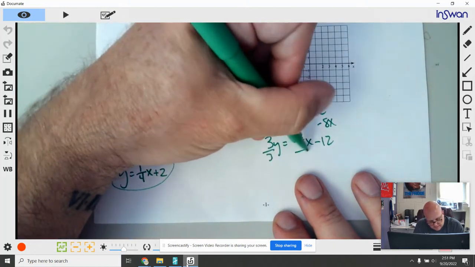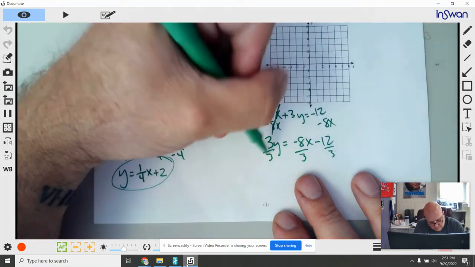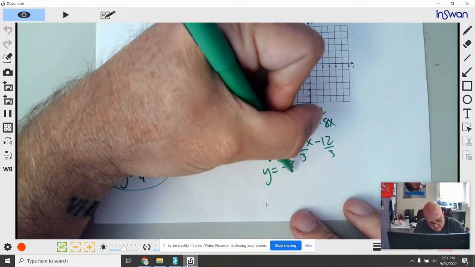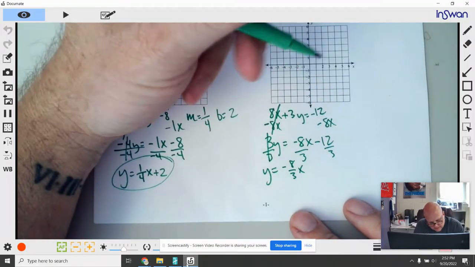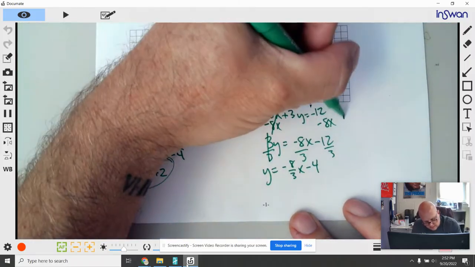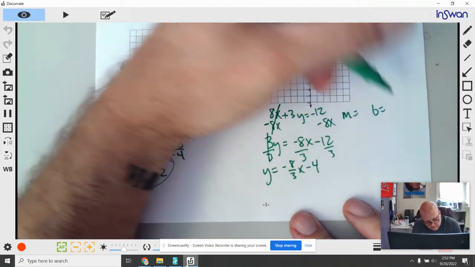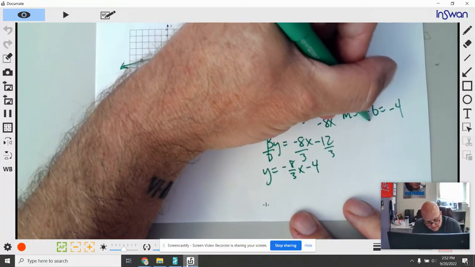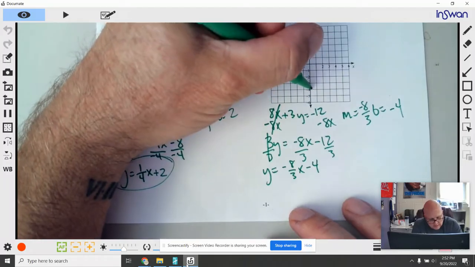I'm going to divide everything by 3. So I get y is equal to negative 8/3 x minus 4. Okay, write m equals b equals. So my b is negative 4. And my m is negative 8/3.